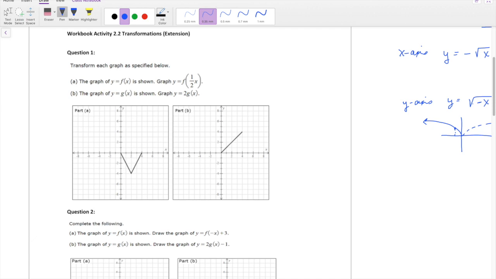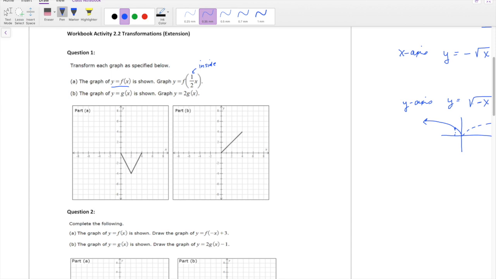So for example, with all of these, we're looking at y equals f of x. When a number is introduced on the inside of the parentheses, that's going to impact the input of the function.